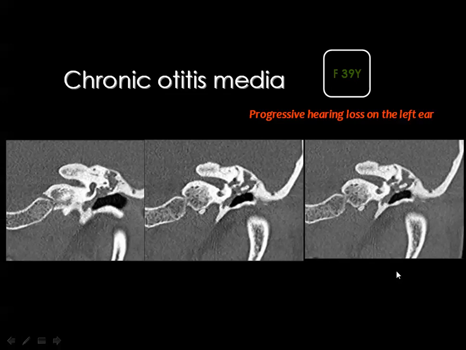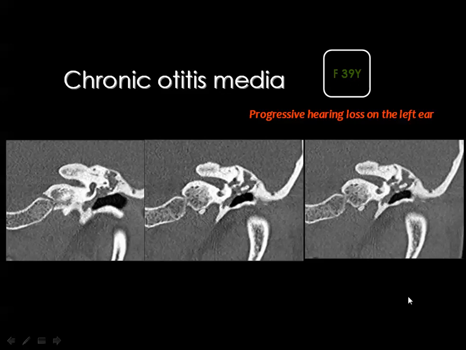You know that the inflammatory granulation tissue inside the middle ear cavity in cases of otitis media, and also in cases of cholesteatoma, does not show any contrast enhancement in CT or MRI. Then the discrimination between otitis media and cholesteatoma does not depend on the appearance after contrast injection.